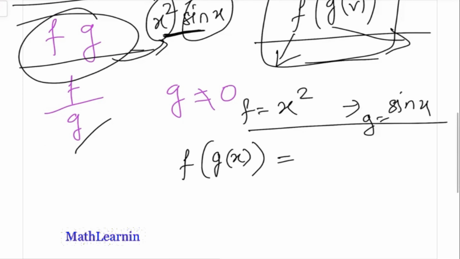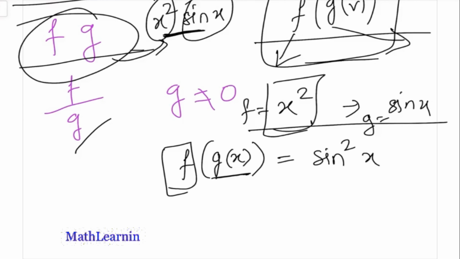Sin square x, because inside f you have to write g. So this is my f, x square, and inside it I have to write g. I have to erase that x and write sin x the whole squared. So you can write it as sin square x. This is how it is done, f of g of x.